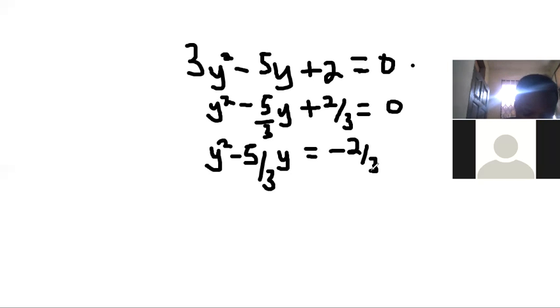And we said the next thing we are going to do is divide the coefficient of y by 2. So when we divide this by 2, we are going to get negative 5 all over 6. And we are going to add it to both sides.